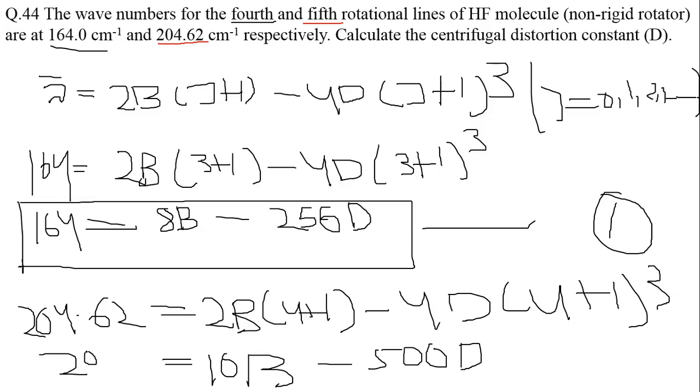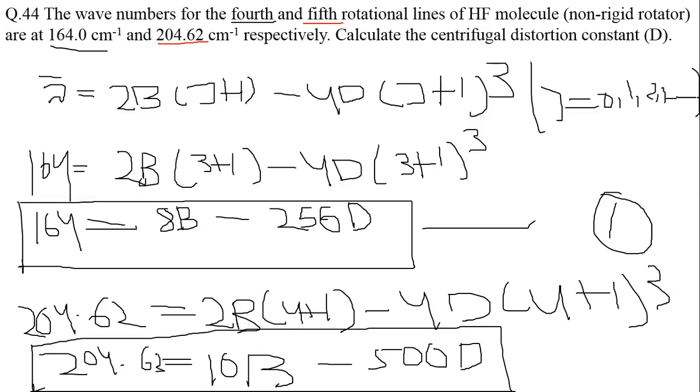So 204.62 is 10B minus 500D. So we have two equations and two unknowns, that is B and D.